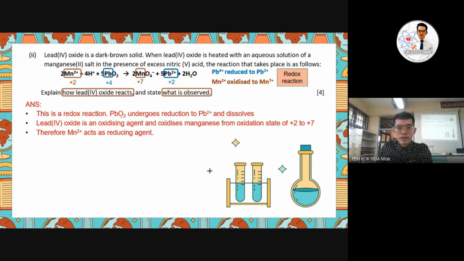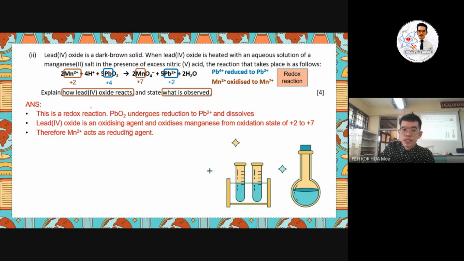The lead(IV) oxide undergoes reduction, and lead(IV) oxide is an oxidizing agent. So you have to discuss this. And manganese is oxidized from oxidation state +2 to +7, so that means the Mn2+ ion is a reducing agent.